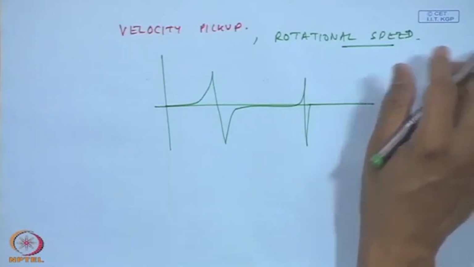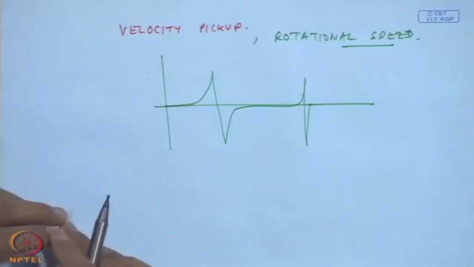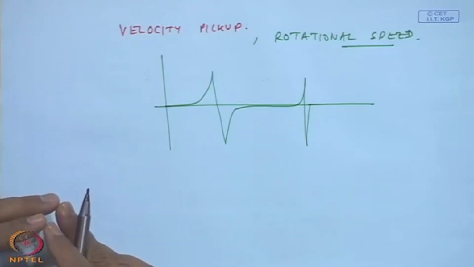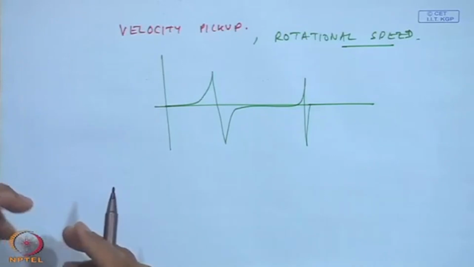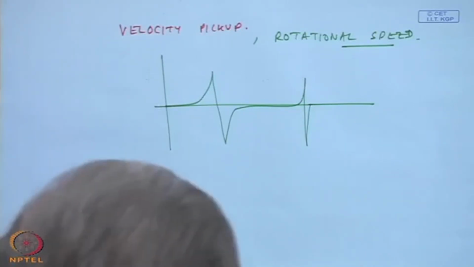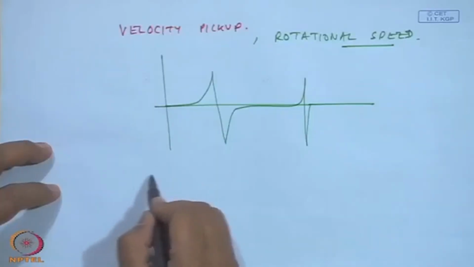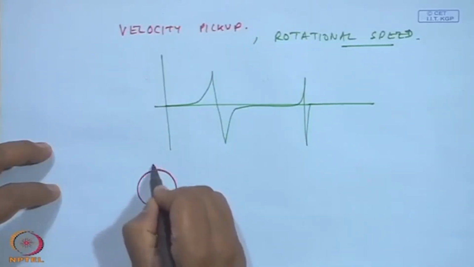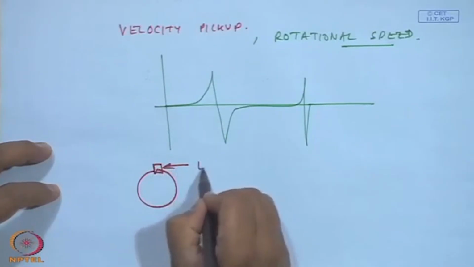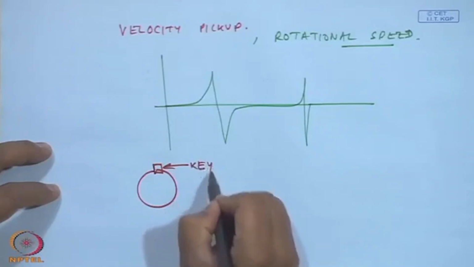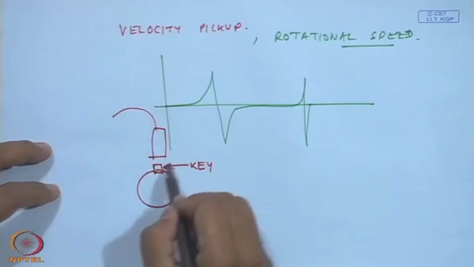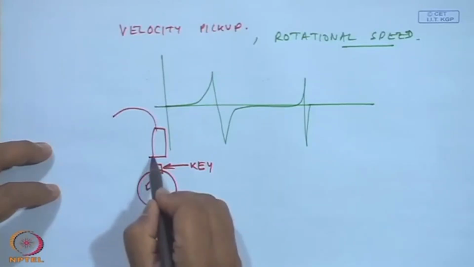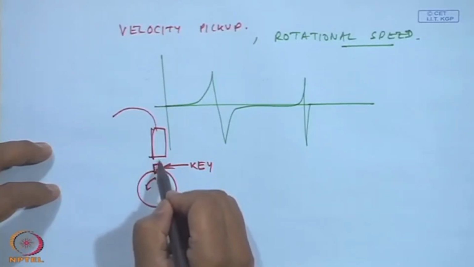Because with vibration health monitoring, measuring the rotational speed is also very important. I cannot obviously always put a tachometer to the end of a rotating shaft, but if I have an arrangement like this, wherein I have a shaft on which there is a keyway or a key, and then I put such a pickup, every time the keyway comes below the pickup, this gap is going to change.